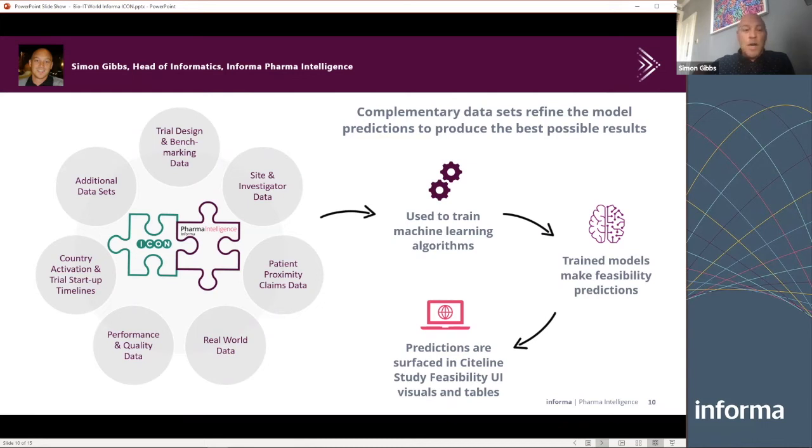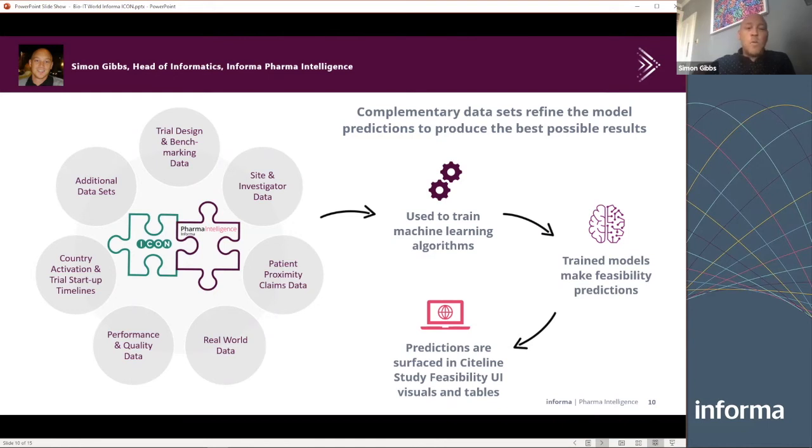And really, there's a collection of different algorithms in play here. We use a combination of different algorithms to produce the different predictive outputs related to country site footprints and optimization of site distribution at the country level, as well as the site and investigator ranking and the enrollment duration and enrollment rate predictions.